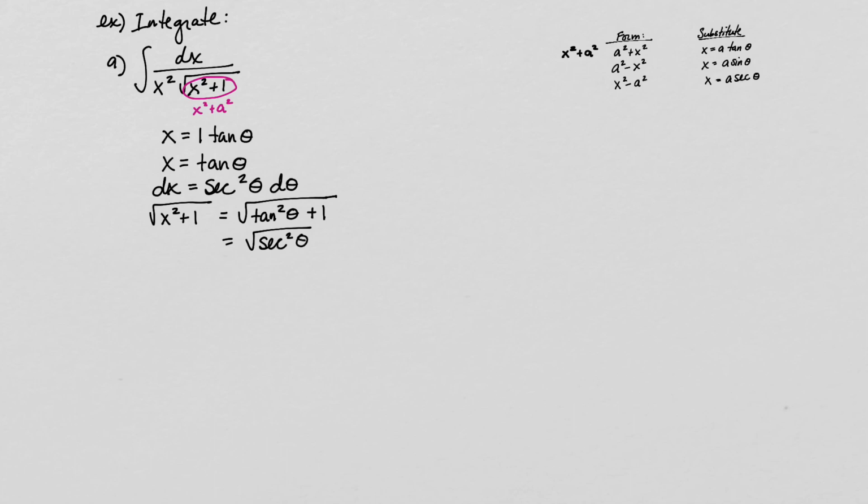And that's kind of nice, because what happens with the square and the square root there? The square and the square root disappear. They cancel each other out. So my square root part actually simplified down to this nice little secant theta.